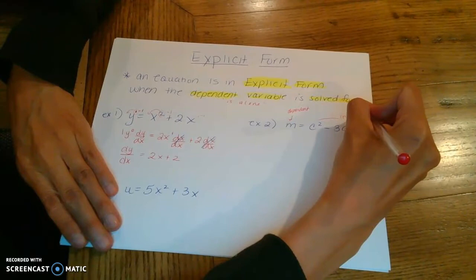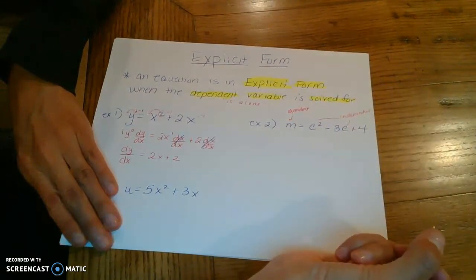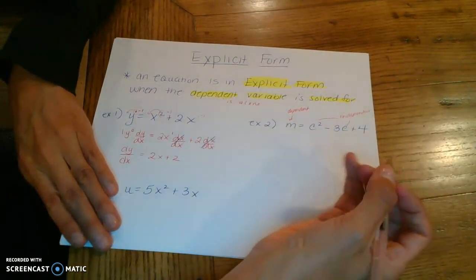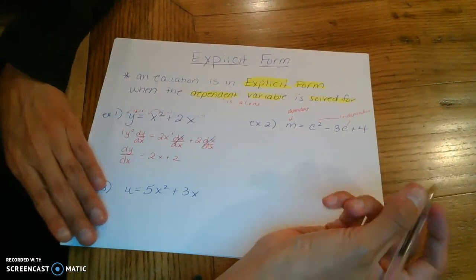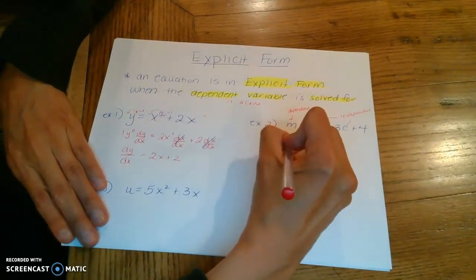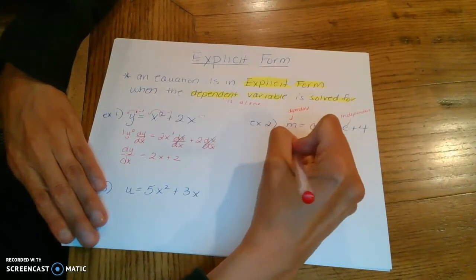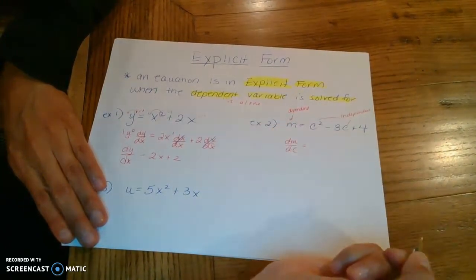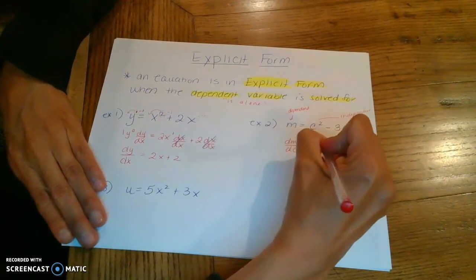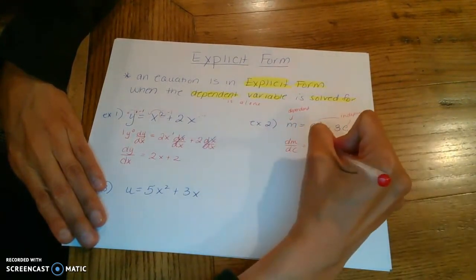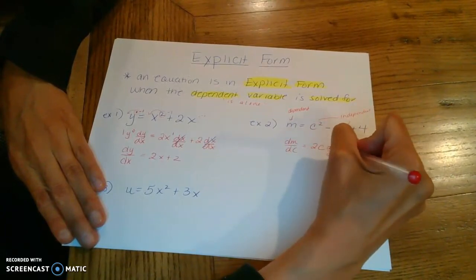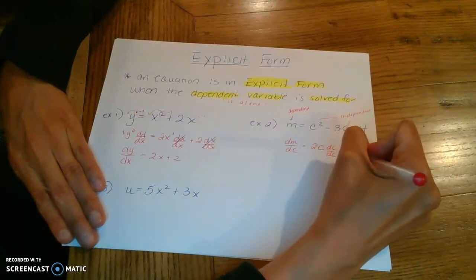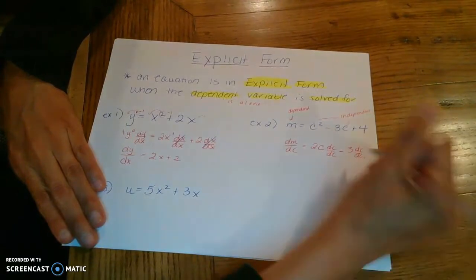So here I don't have x's and y's, I have m's and c's, and it's always the derivative of the dependent with respect to the independent. So it's going to be dm dc is equal to 2c, technically a dc dc, minus 3 dc dc, and the derivative of 4 goes away.